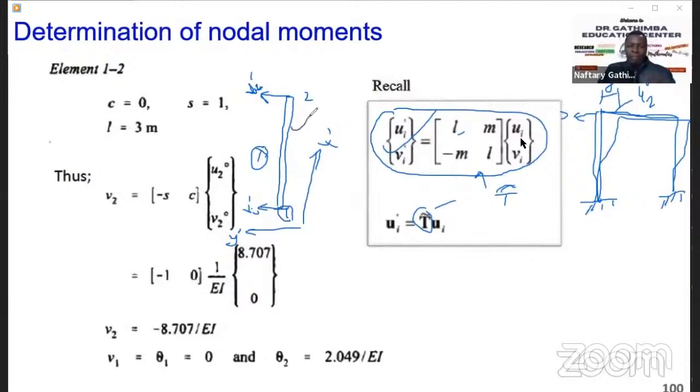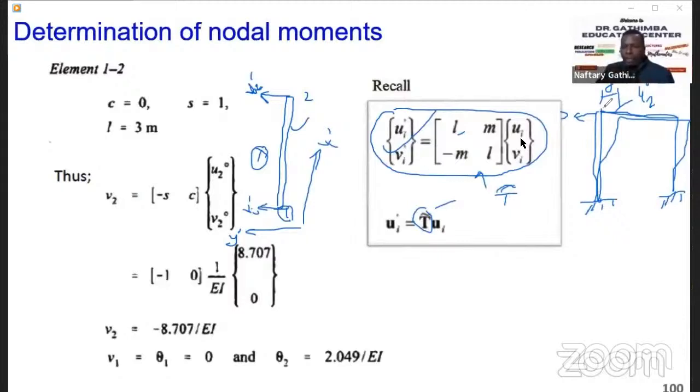This is the element which we have extracted from the frame. And because of the principle of compatibility, the nodes remain together. Therefore, the deformation at the node is the same as long as the elements remain connected.